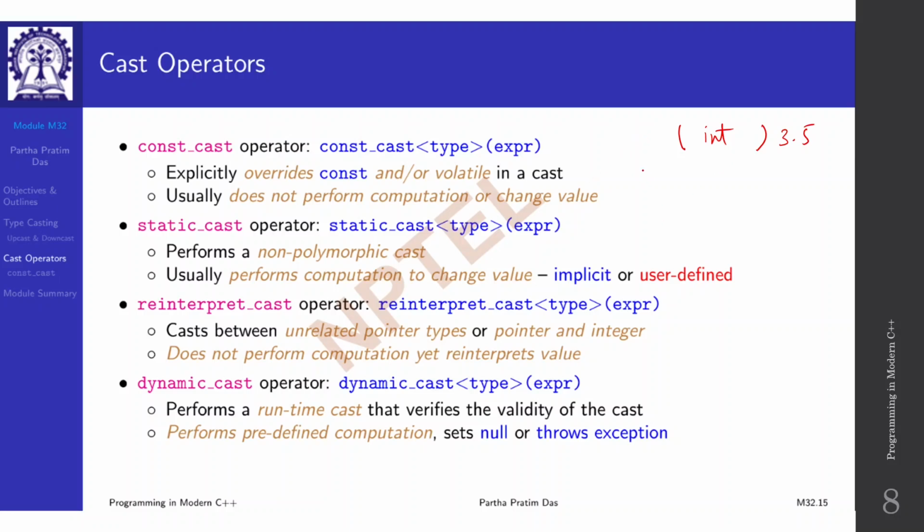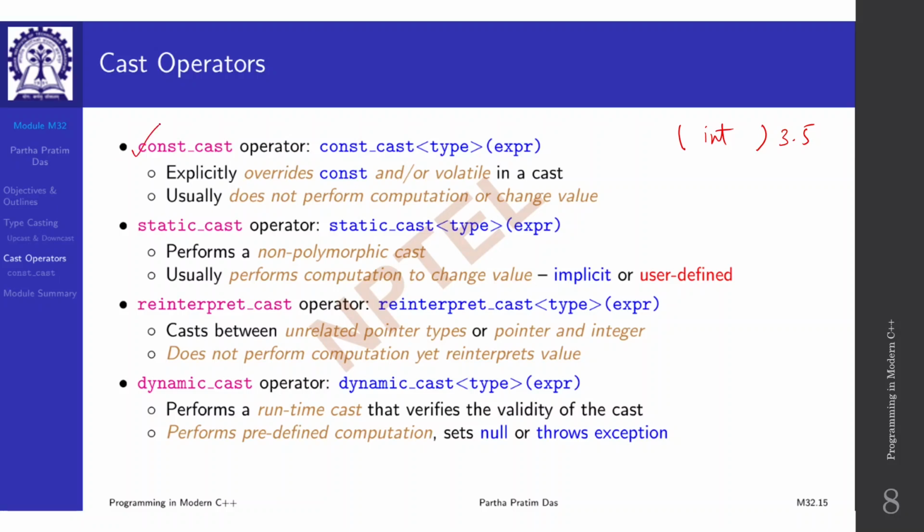So this typecasting way is not recommended in C++, because in C++ there are better typecasting operators which do a lot of checks to make sure that what we are doing is correct. Like for example, C++ has four typecasting operators.